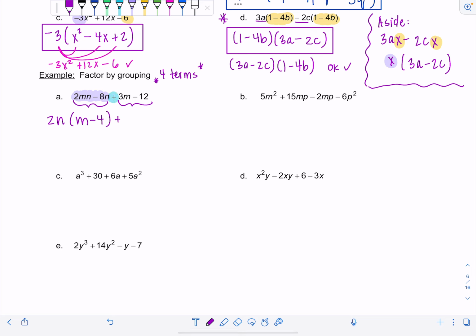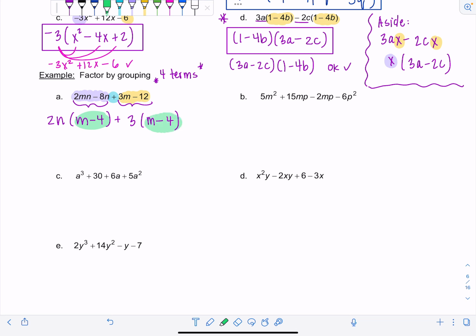So we have plus. And then now I'm going to focus my attention on the next 2 terms and take out their GCF, their greatest common factor. So what can I take out from 3m and 12? Just a 3. And then I'm left with m minus 4. Okay, now here's an important point. You need to check that these 2 factors here in parentheses match.